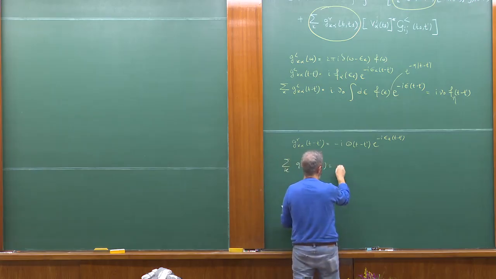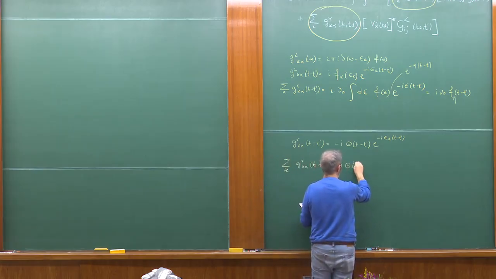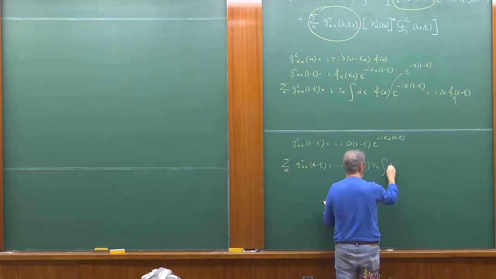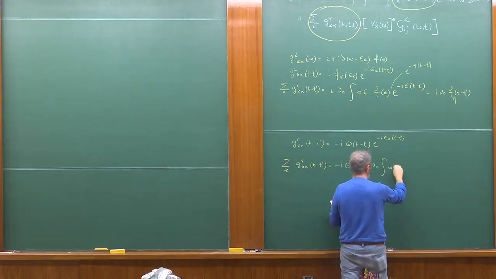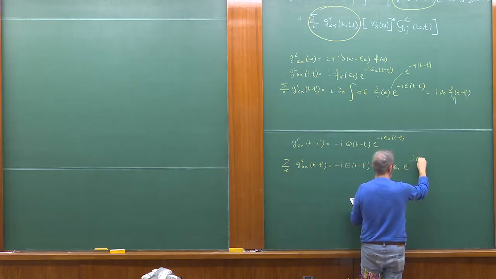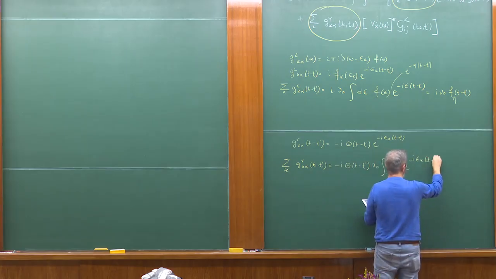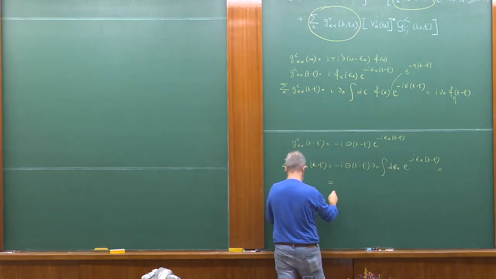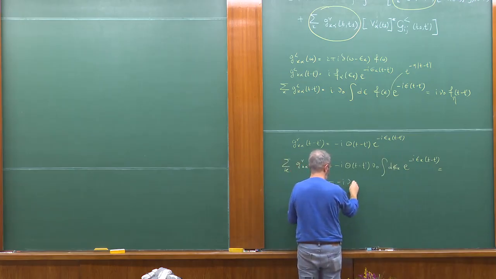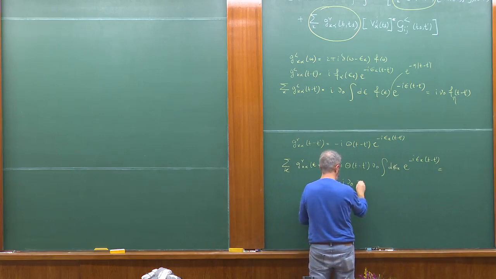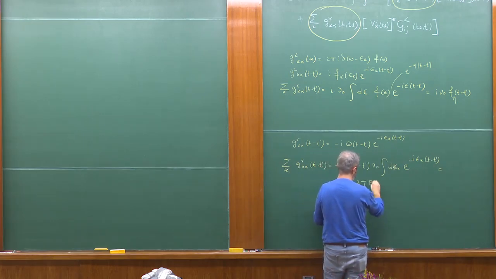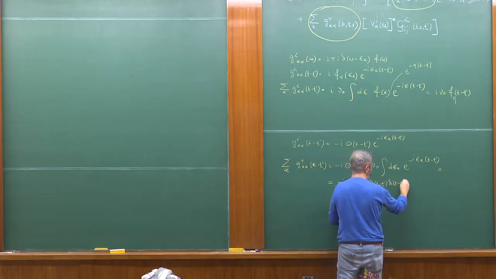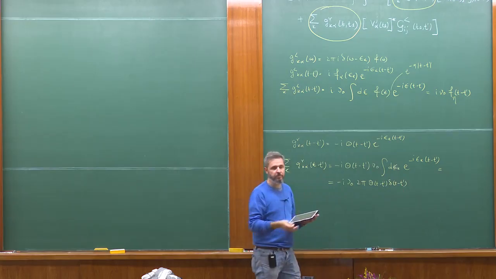Well, you see that this is minus I theta of t minus t prime times the density of states times the integral d epsilon k e to the minus I epsilon k t minus t prime. And this is minus I times the density of states times 2 pi times theta of t minus t prime times delta of t minus t prime.